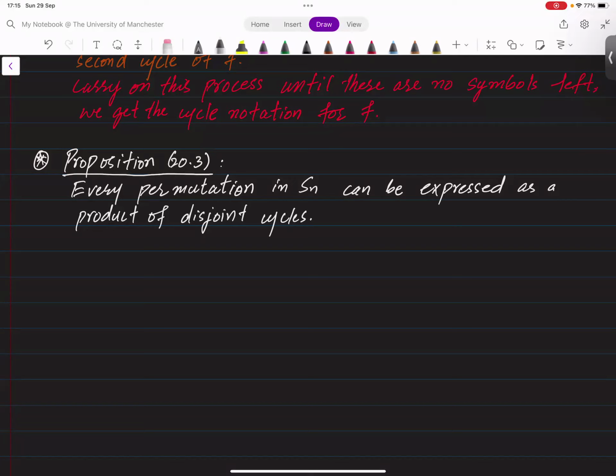Now the expression for a permutation in cycle notation is not quite unique.